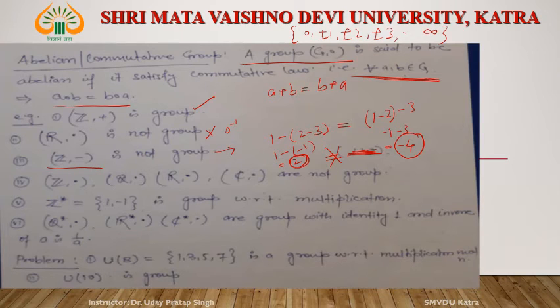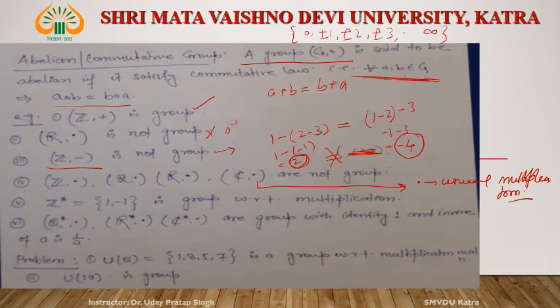(Z, dot), (Q, dot), (R, dot). What is dot? Dot is the usual multiplication, the multiplication we know. Right?